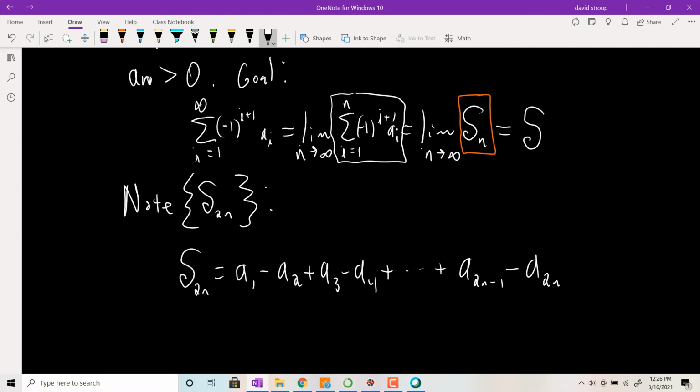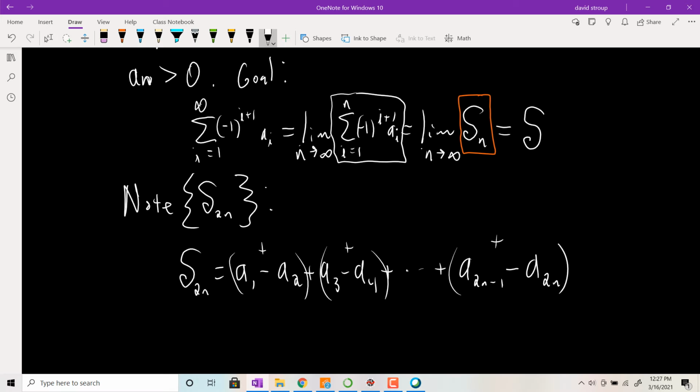Even terms are negative. We could associate these terms in pairs, and because the a sub n terms are decreasing, all of these pairs will be positive.